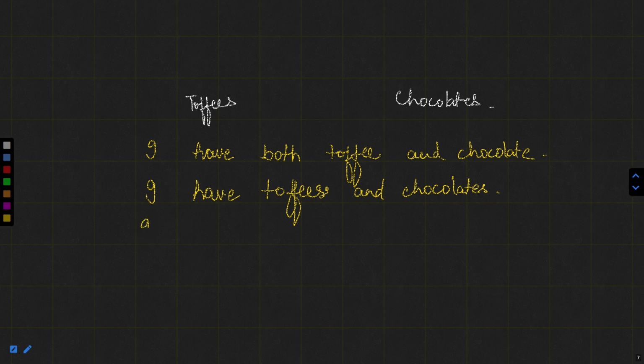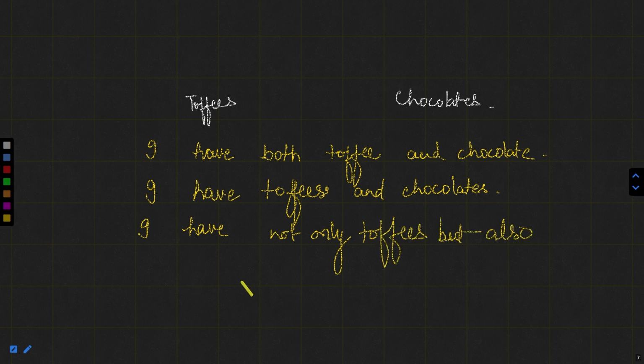I can also write, I have not only toffees but also chocolates.